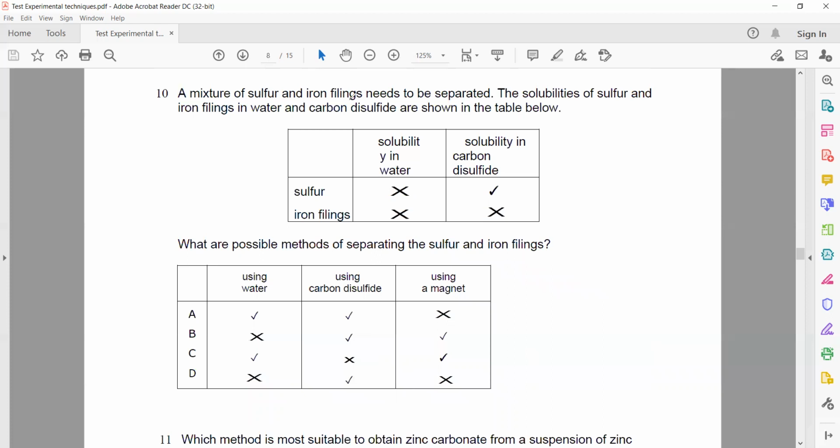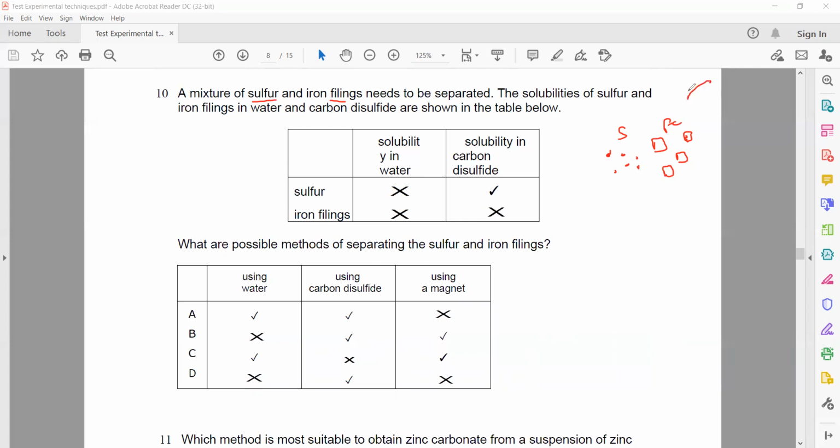A mixture of sulfur and iron filings needs to be separated. So we have sulfur, for example, these dots are representing sulfur and these cubes are representing iron filings. The solubility of sulfur and iron filings in water and carbon disulfide are shown. Both are insoluble in water. So if both are insoluble in water, they do not dissolve in water, we cannot use water to separate them. But in carbon disulfide, sulfur is soluble.